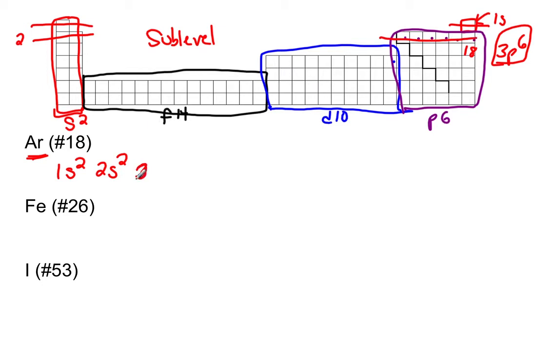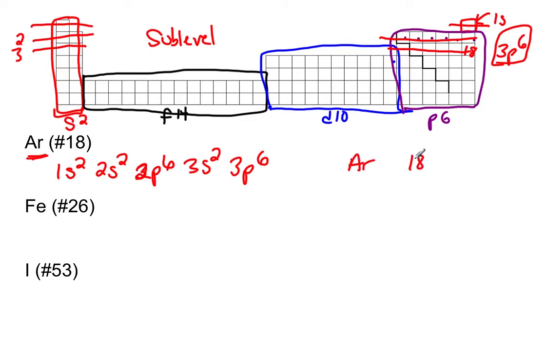I go right through it, so it's 2p6. Then I'm back in the third row, 3s2. Then I jump across, there's nothing in the way, and I keep going until I bang into my 18. That's my argon, and that ends in 3p6. So there's my electron configuration for argon.